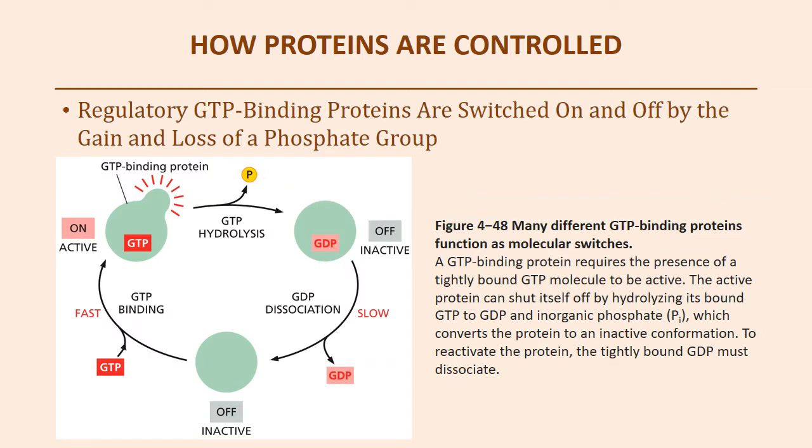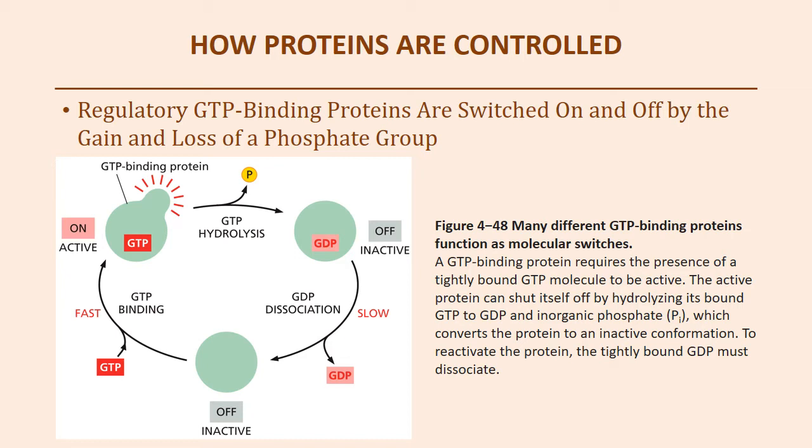Now, remember how I said to you that phosphorylation isn't only limited to the ATP molecule? Well, that's what we're seeing over here. Another way that we can control the protein is by utilizing GTP binding. GTP refers to guanosine triphosphate.